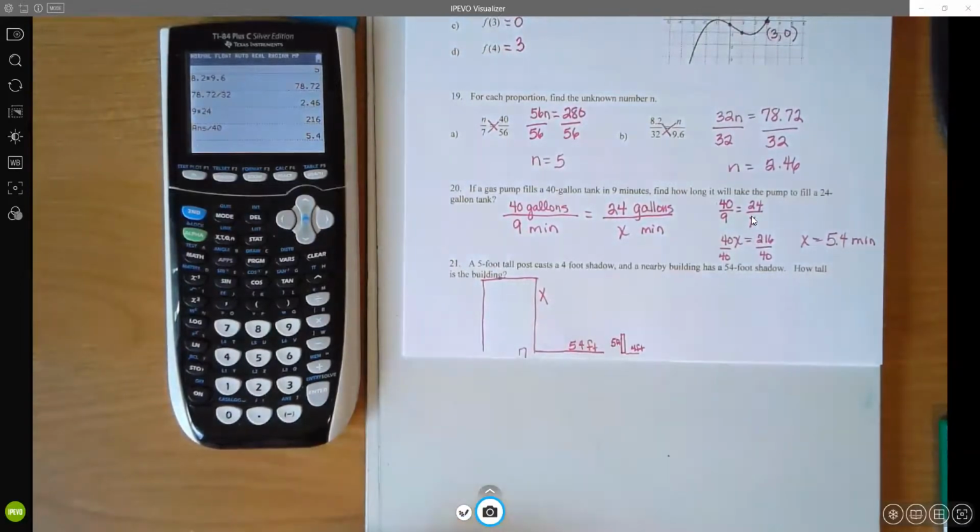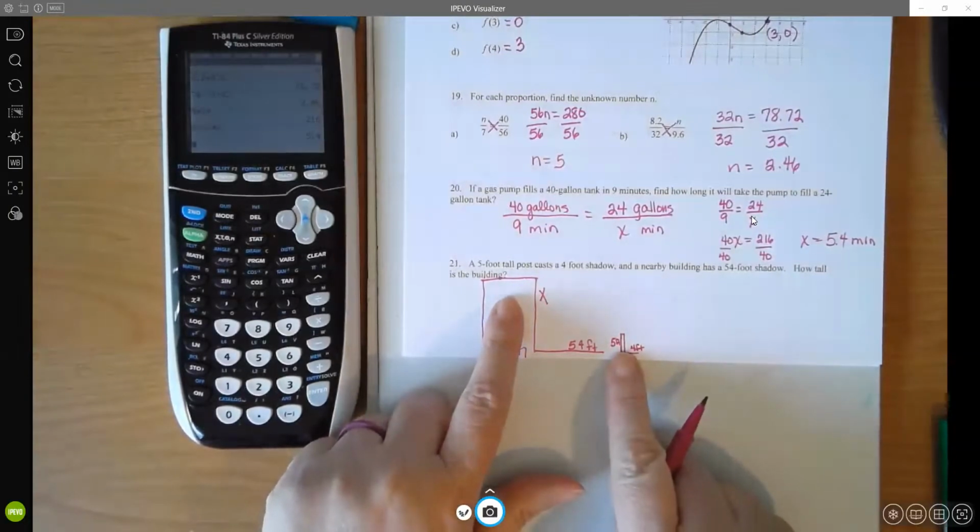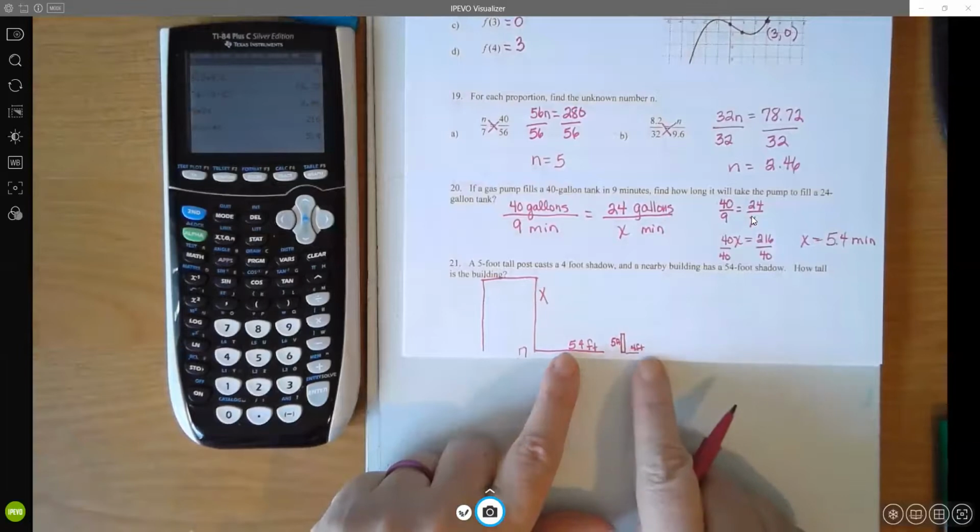So really, I'm asking how tall the building is. Now, I didn't even think about whether it's a proportion problem or not. I just drew the information that was given. And in that, I can see that I've got the building and the pole and the shadow to a shadow.